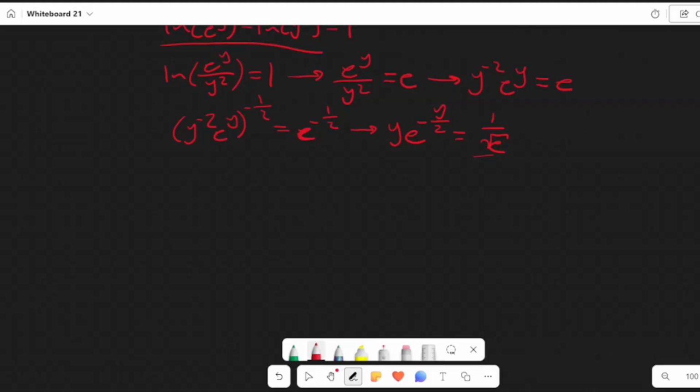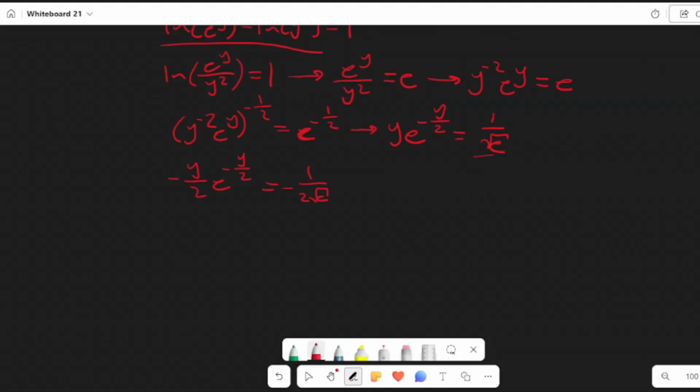And the final step is to multiply everything by negative 1/2. And what we get then is negative y over 2 times e to the negative y over 2 being equal to negative 1 over 2 times the square root of e.